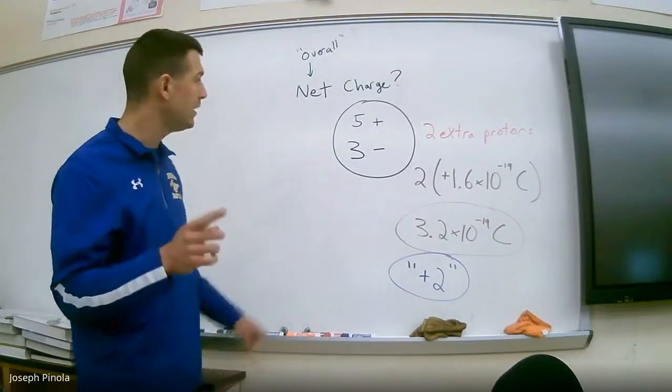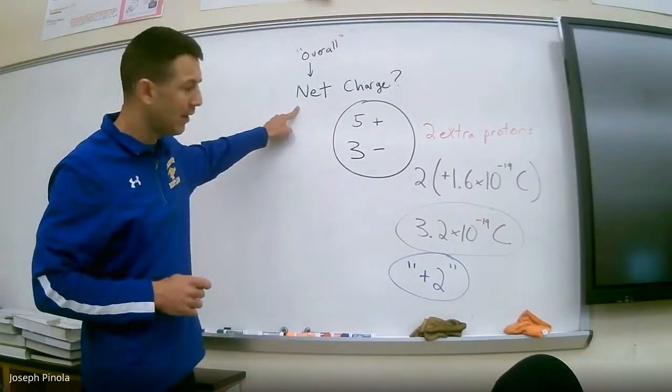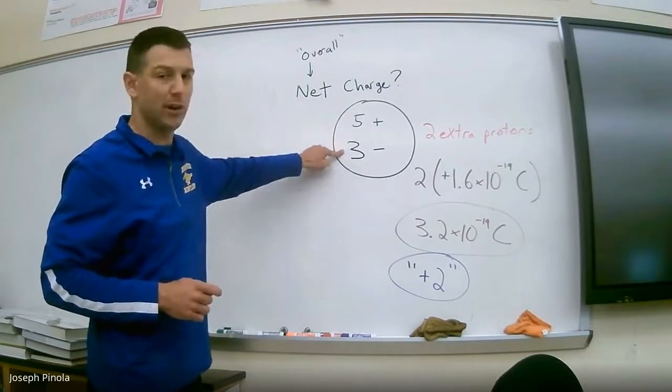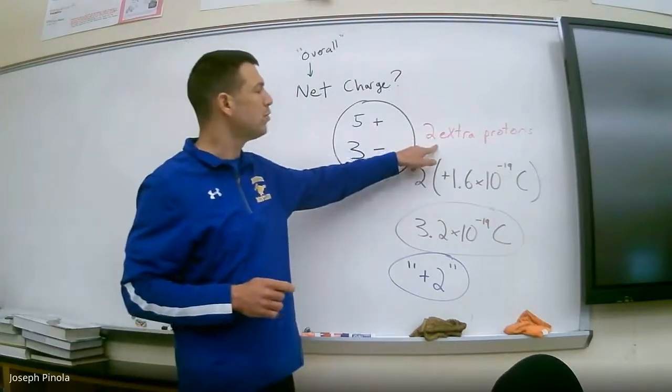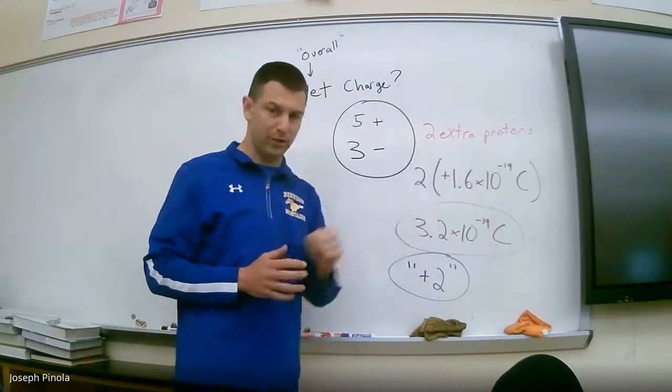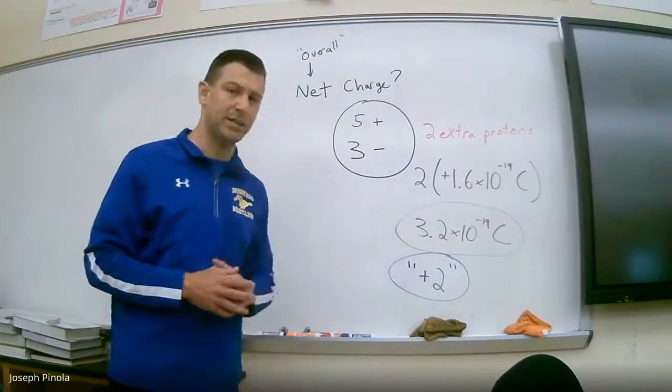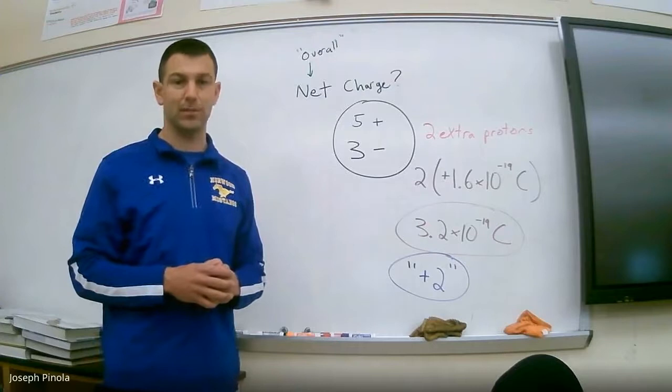So when you find the net charge on something, consider how many protons there are, consider how many electrons there are. Figure out which one of those 2 you have extra of, and then figure out the amount of charge that would correspond to that many extra subatomic particles.